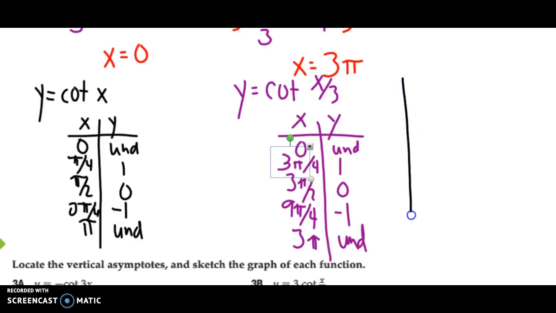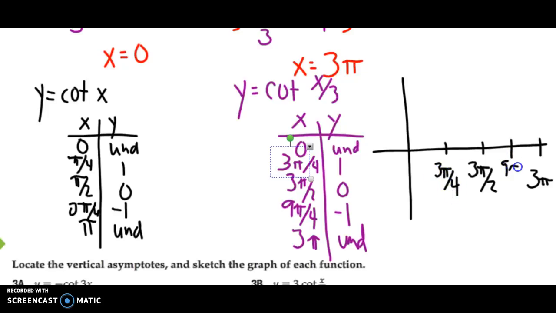Now that we have a table of values, we can sketch a graph of our cotangent function. Obviously here's 0, and then let's say that's 3 pi. Halfway in between is 3 pi over 2. That's going to be 3 pi over 4, and 9 pi over 4. The vertical asymptotes are going to be at 0 and at 3 pi.